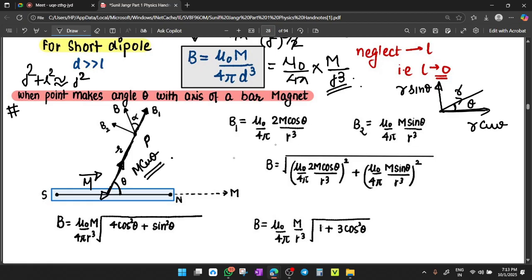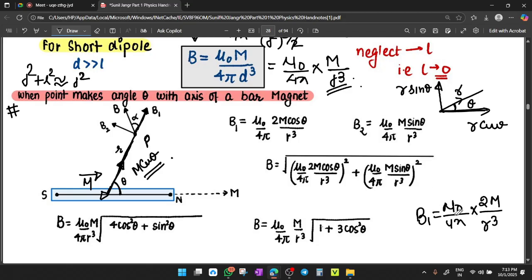Why? Because from the previous formula we have B1 equals mu naught upon 4 pi into 2m by r cube. It was for the axial condition, but now we do not have the complete m. The component of m acting here is m cos theta. Clear?